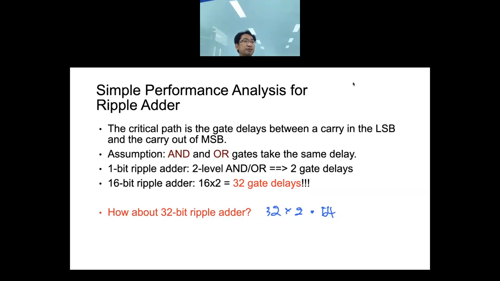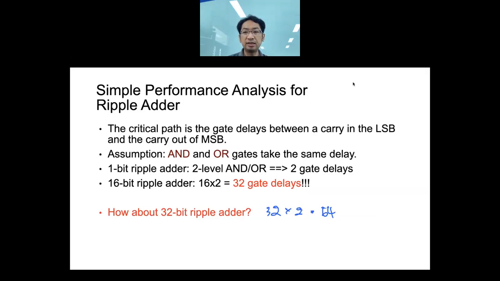We stopped at the 64-bit CPU, and we stayed there for quite a long time, right? For many years. This is the reason why we stop here: if we have a bigger data size, we may have a longer or bigger gate delay, or simply a slower circuit. That is one of the reasons.